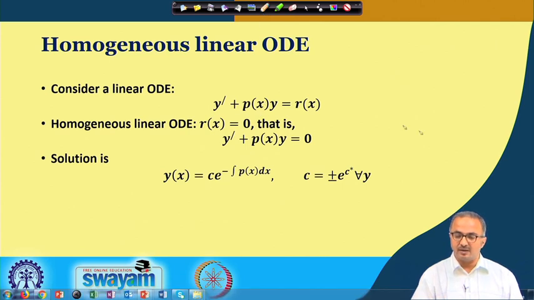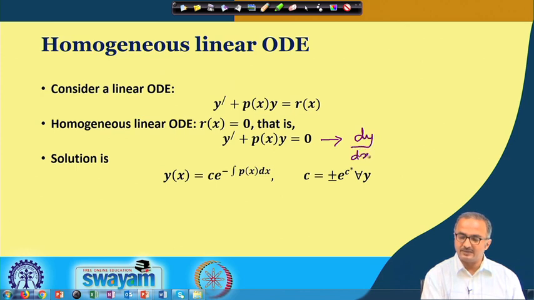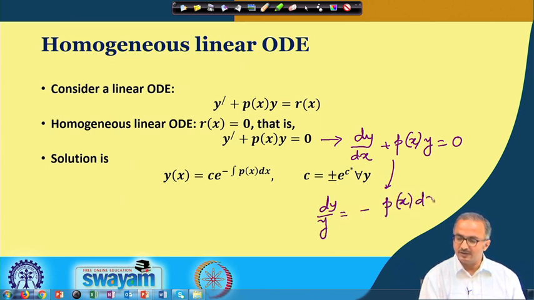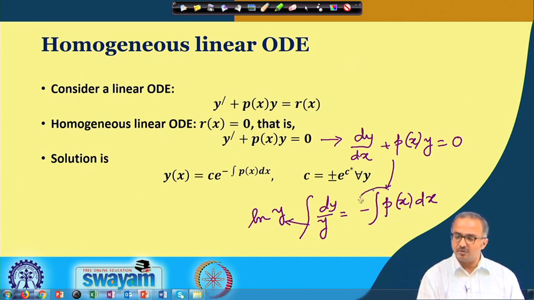So, you can write this equation as dy by dx plus p x into y equal to 0. From here you get dy by y is equal to minus p x into dx, and then you integrate. That means, y will be equal to exponential to the power of this whole thing.